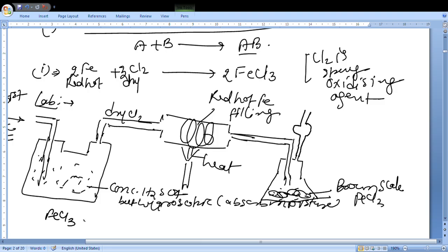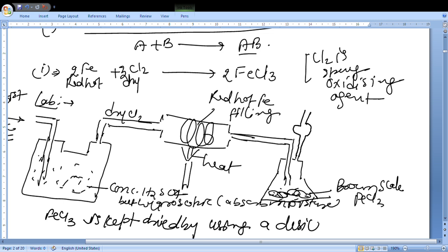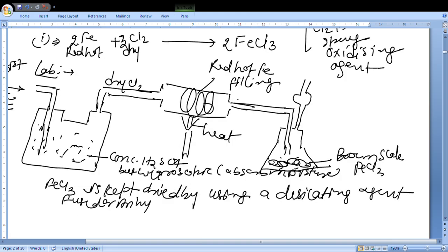FeCl3 is kept dried by using a desiccating agent which is called fused or anhydrous, what? CaCl2, calcium chloride.